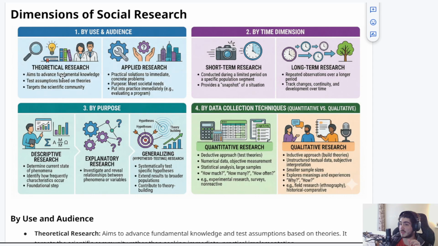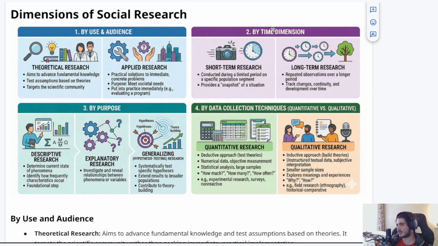It aims to advance fundamental knowledge, tests its assumptions based on theories. But applied research is the research that's actually functional and important, in my opinion, because it offers practical solutions to immediate concrete problems.